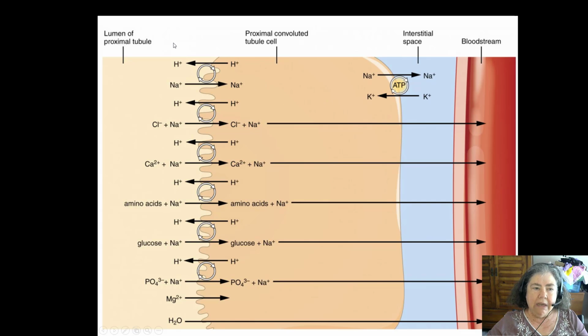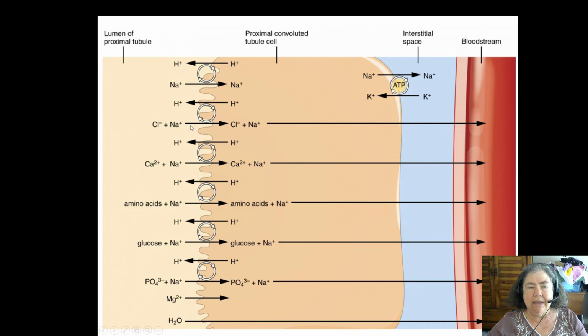And so this is establishing this gradient of high sodium outside the cell and high potassium inside the cell. Along the lumen of the tubule, and here we're in the proximal tubule, we can see some of these transporters. Here we have the sodium hydrogen ion counter transport. So we're exchanging a sodium ion down its concentration gradient for a hydrogen ion. There are other counter transports.